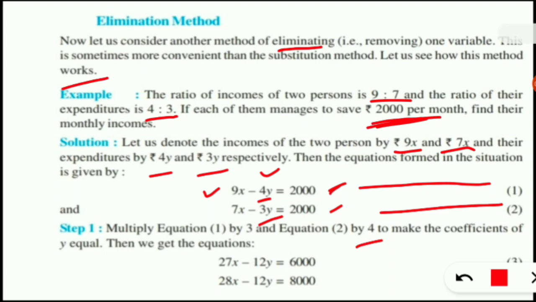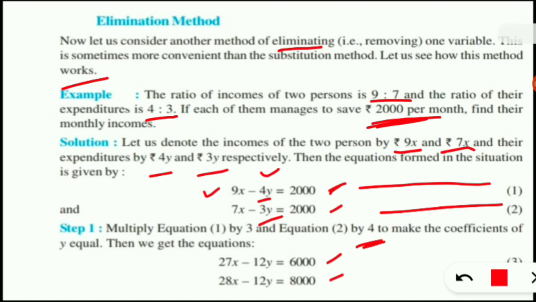Clear? So 9 into 3, that means 27x, minus 4 into 3, that means 12y, equal to 2000 into 3, so 6000. And for the second equation, 7 into 4, that means 28x, minus 3 into 4, that means minus 12y, equals 2000 into 4, so 8000.